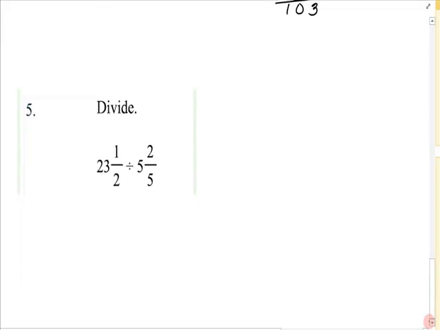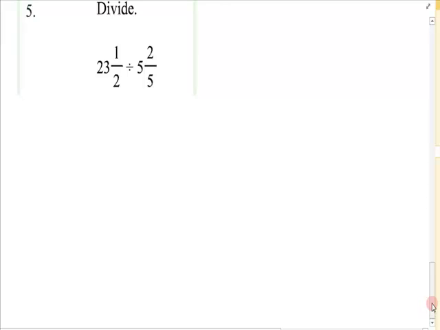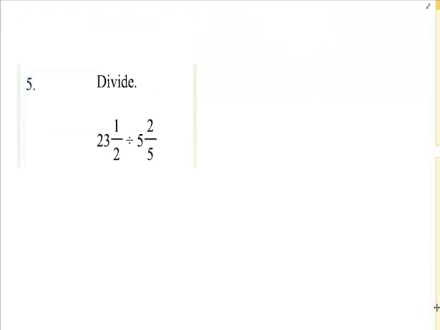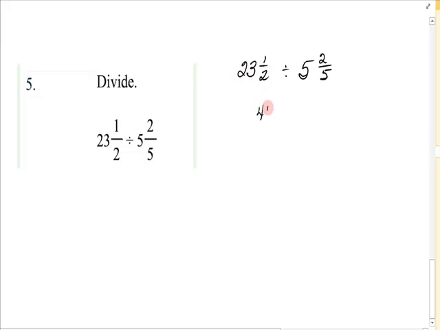All right, let's look at number 5. And this is our last one. I have 23 1/2 divided by 5 2/5. Improper. 2 times 23, that's going to be 46. And one more is 47 over 2.